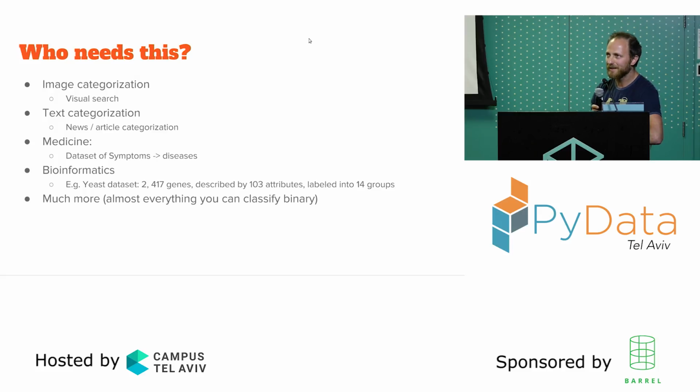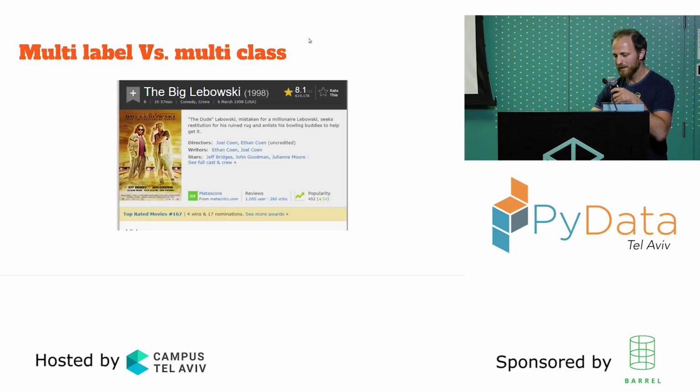Actually, anyone who does regular binary classification will probably need multi-label classification at some time, as in image categorization, as I showed earlier, in text categorization if you want to classify text into a subset of categories, in medicine, bioinformatics, and all kinds of stuff.